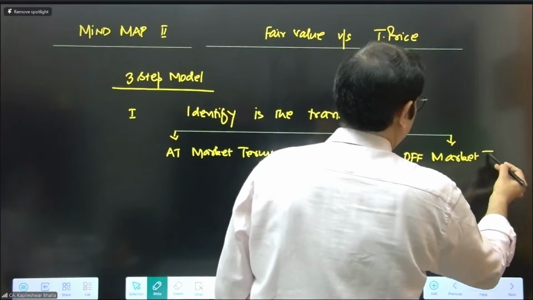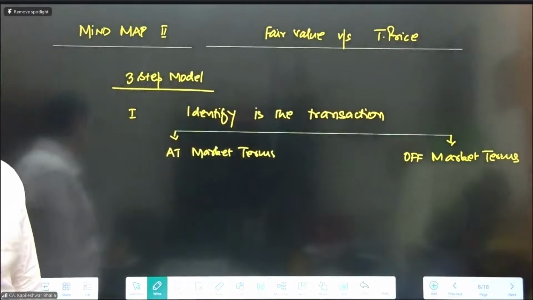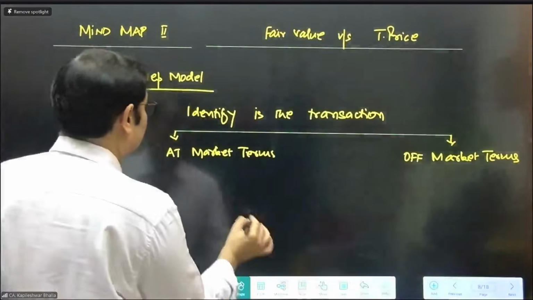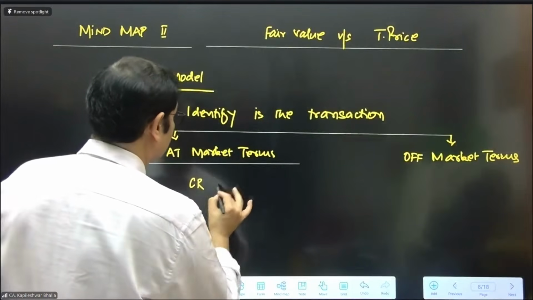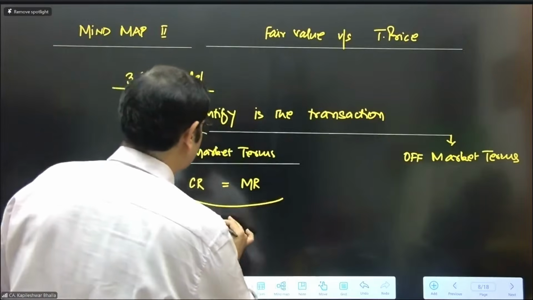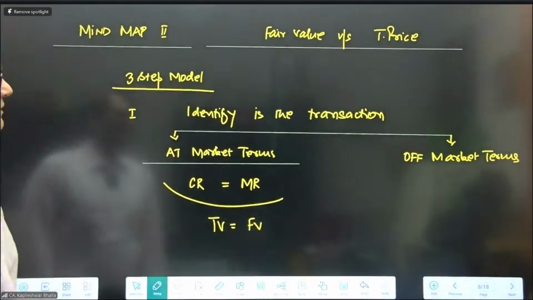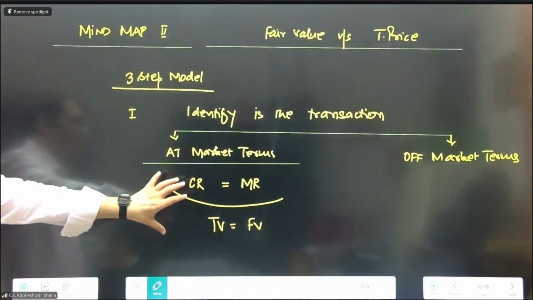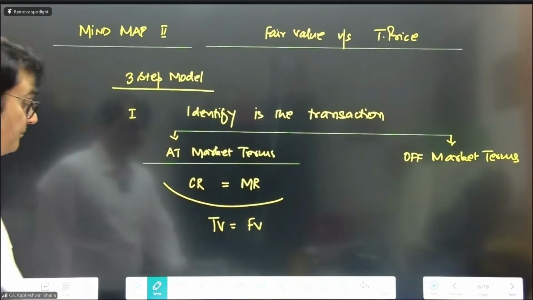So the first thing to see in the question is to see whether it is at market terms or is it off market terms. If it is at market terms, you will clearly see the input that the contracted rate, CR, is equal to the market rate, that is MR. And in this particular case, the transaction value is always equal to the fair value. Call it as a transaction price or a transaction value, one and the same thing. So the contracted and the market rate is same, and the transaction value and the fair value is the same.